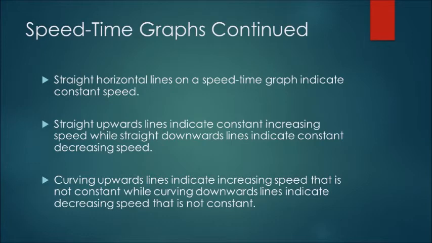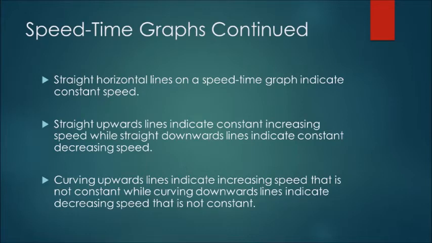Straight horizontal lines on a speed time graph indicate constant speed. Our speed isn't going up or down, not increasing or decreasing. We're staying at the same speed. Straight upwards lines indicate constant increasing speed, while straight downwards lines indicate constant decreasing speed.